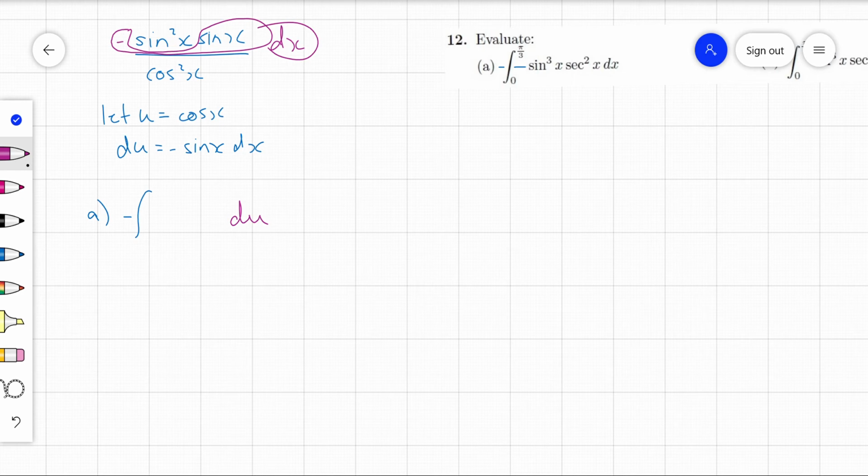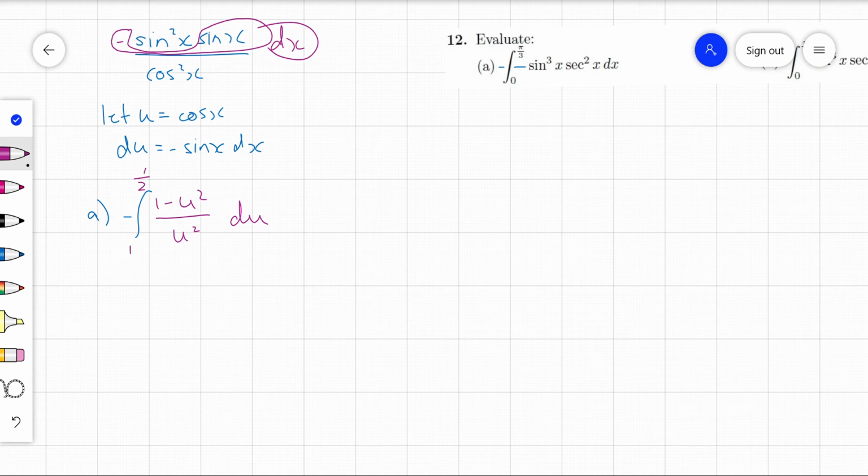We've got the negative out the front to balance that. Then we've got sine squared, which we know is just 1 minus cos squared, so the same as 1 minus u squared, and cos squared on the bottom, which is u squared on the bottom there. Also the limits, so when I sub 0 in, cos 0 is 1. When I sub 60 in, cos 60 is a half.